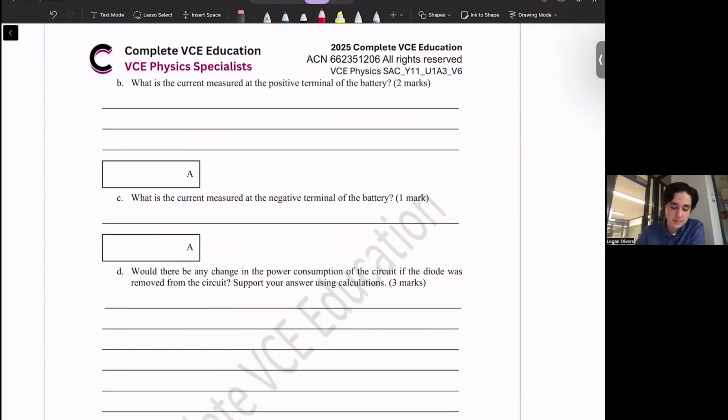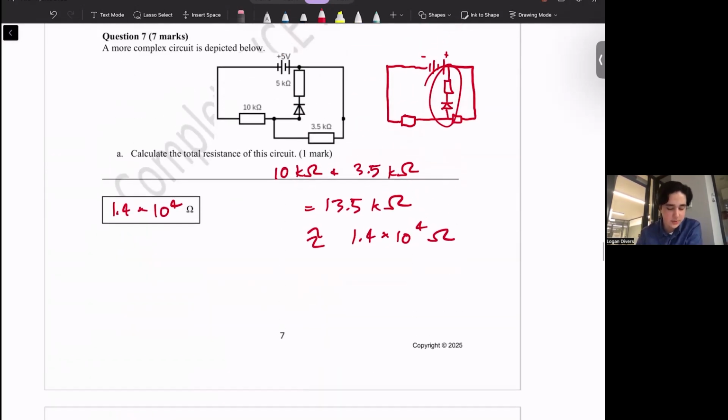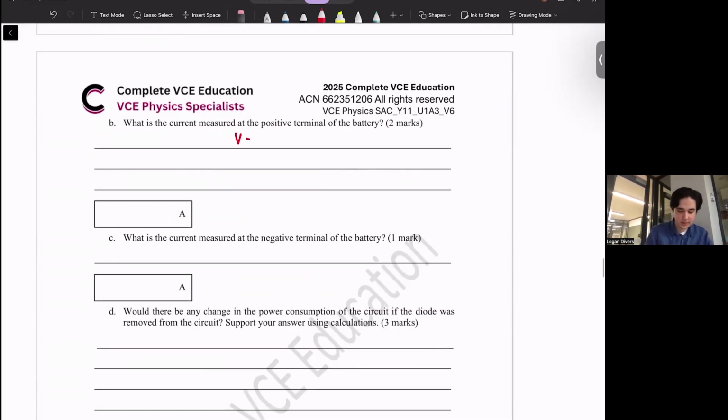What is the current measured at the positive terminal of the battery? Now, we haven't changed anything in this circuit yet. So the circuit is simply still just 2 resistors and a battery. So all we have to do in this case here is identify what the total current is throughout the circuit, because it's a series circuit, nothing changes. So we know that our voltage is 5 volts.